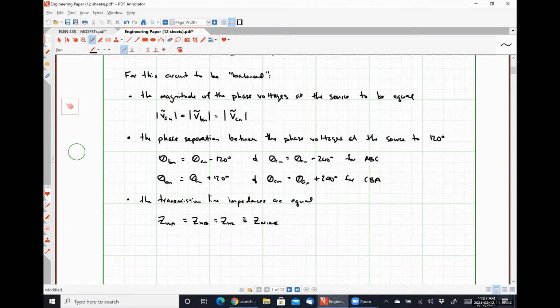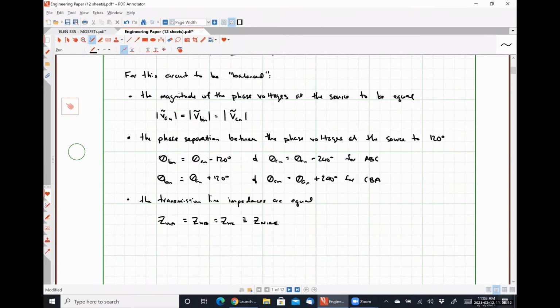Notice here that I have not made mention that the impedance of the neutral conductor has to be the same here, okay? It does not. It can be whatever it needs to be, which if you look at the NEC code, there are specific constraints for the phase wires or the transmission line sizing and all that.